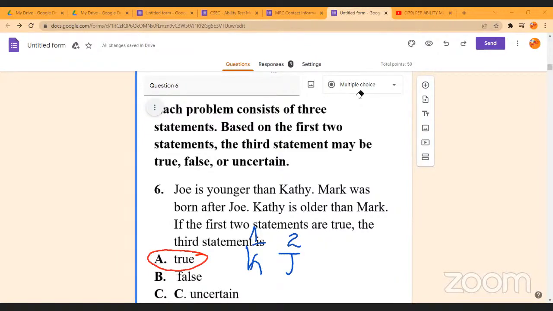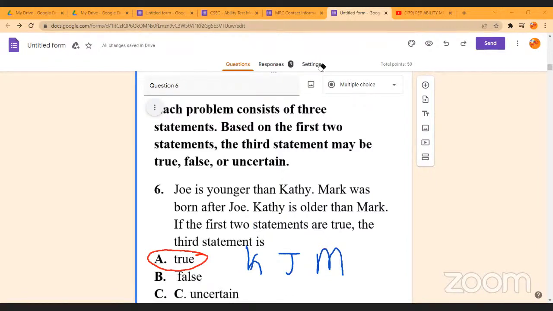Third child, miss. Why is it you said he's the third child? Miss, because he was born after Joe. After Joe. Good. So he's the third child.